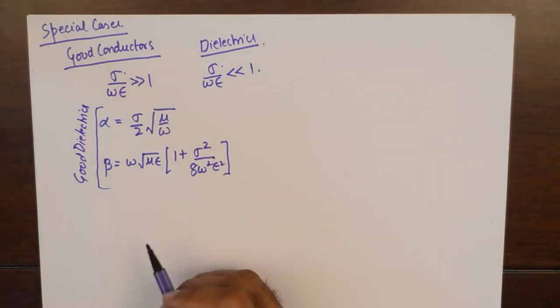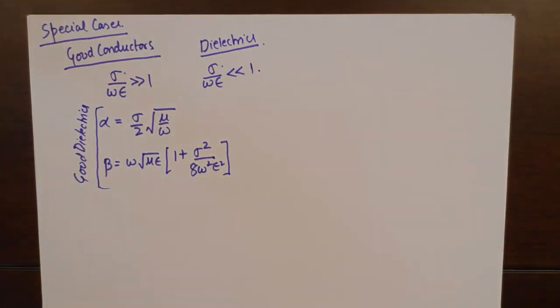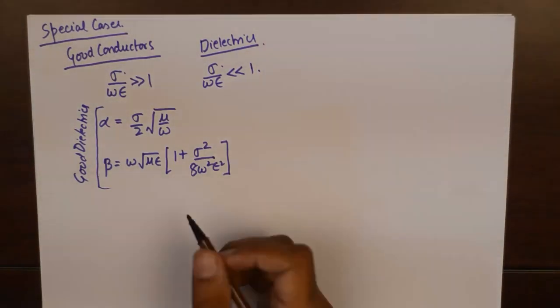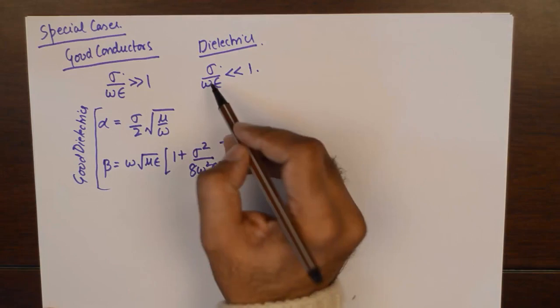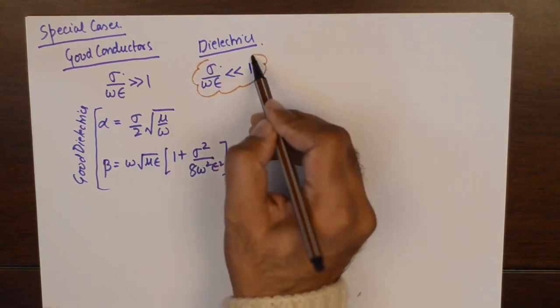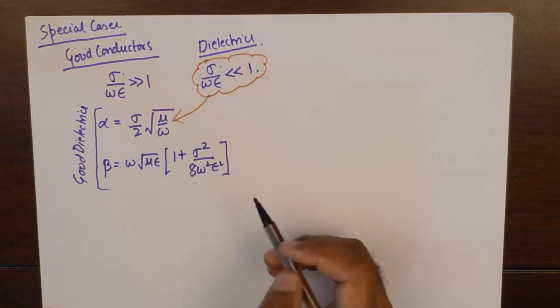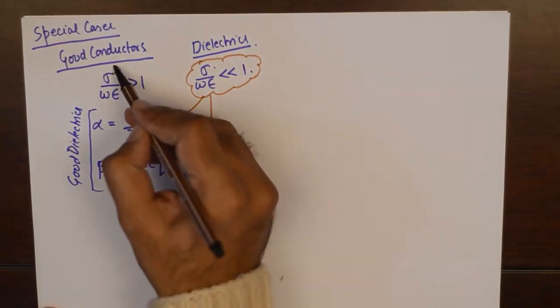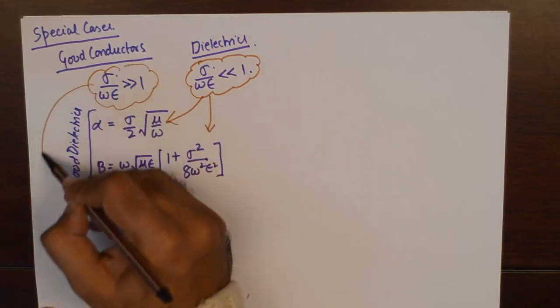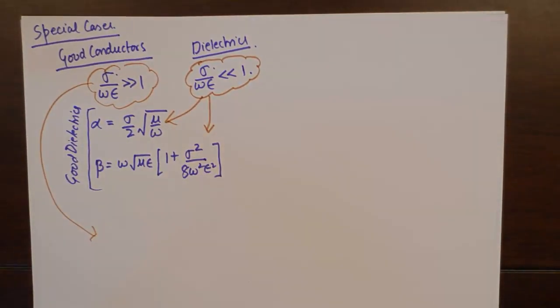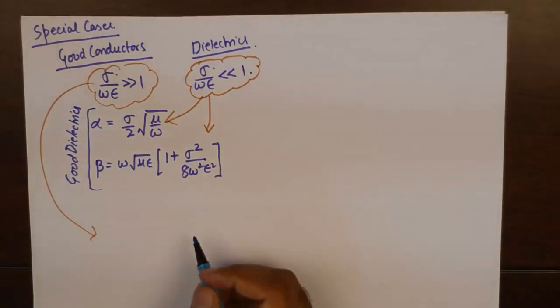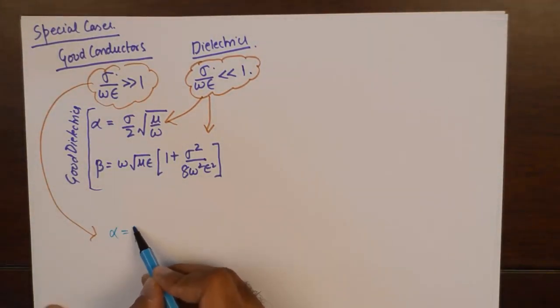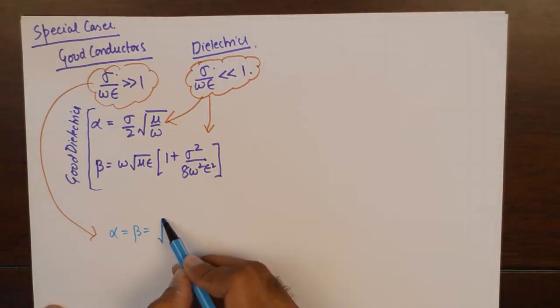I'll mention the values for good conductors in a different colored pen, where this approximation results in this set of values, and this approximation is going to result in another set of values where alpha and beta are going to be very, very simple.